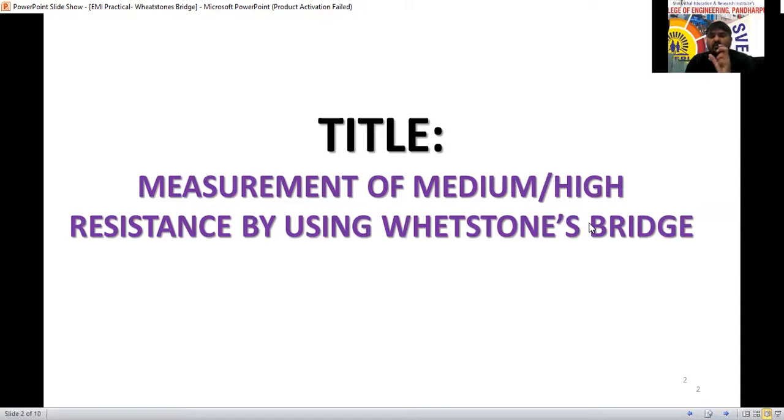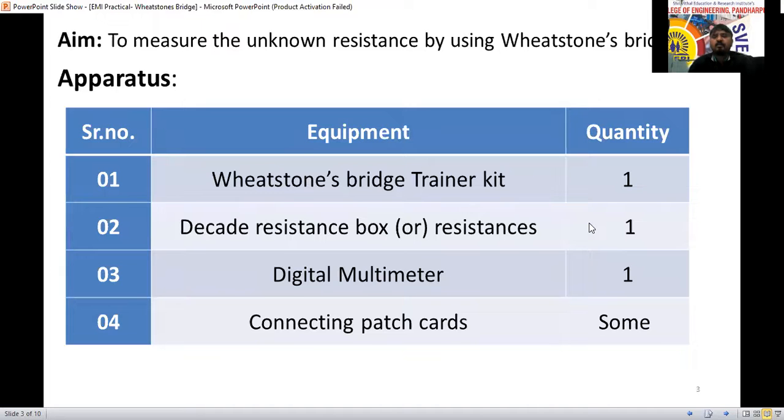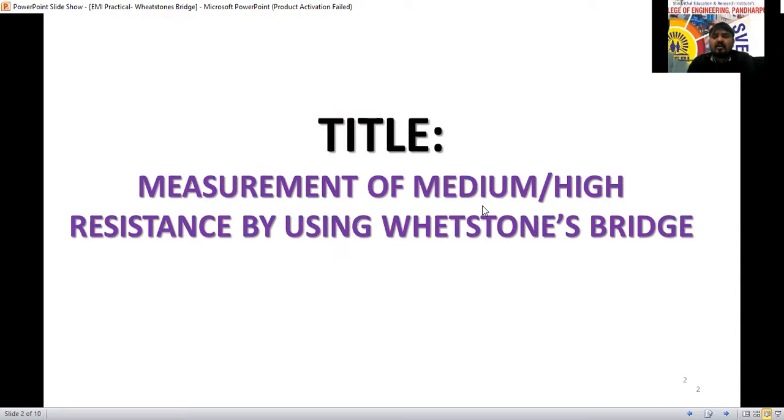But whatever is required to perform this practical, I'm going to explain that much here now. In the theory classes, we'll discuss it in depth. So experiment number 2 is measurement of medium resistance by using Wheatstone's bridge. Actually, it is applicable only to medium resistance.